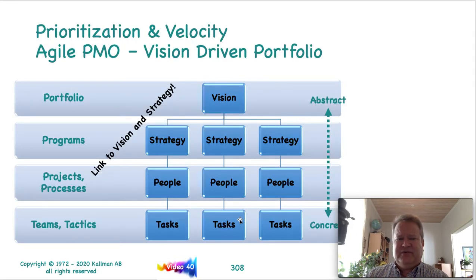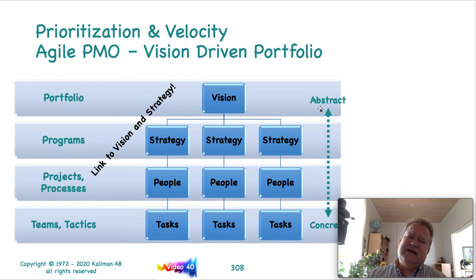Here's an example of breaking down the VSBT: vision, strategy, people, and tasks. The vision could be coming from portfolio or even the C-level. Programs are still going to have their vision, but their strategic implementation, the project processes and things like that, that's how you group people together. And then the teams and tactics are what you're going to do to deliver the tasks and the user stories to get everything done.